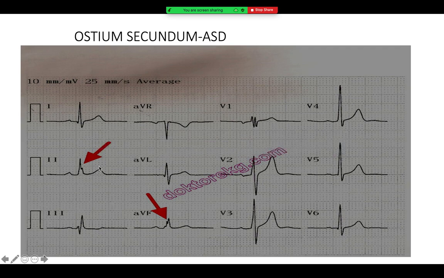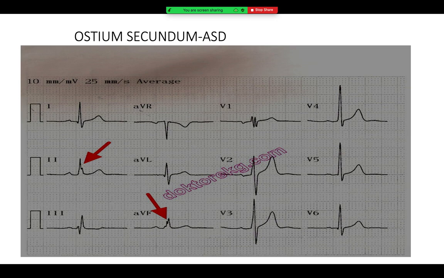And in the inferior leads, like 2, 3, AVF, as it is pointed out, there are notched R waves. This is what is called as the crochetage sign, okay? This crochetage sign, which is a notched R wave in inferior leads, can also be an ECG marker for PFO, patent foramen ovale.